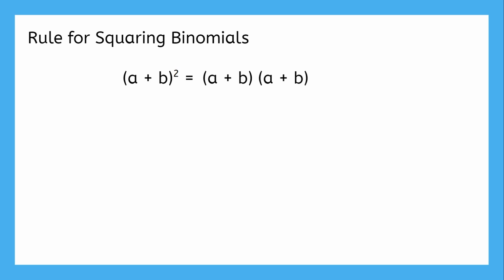When you square a binomial, you square each distinct term, but then you also multiply those terms by each other twice. Let's use that rule now. What is the product of 2x minus 5 times 2x minus 5? Since both binomials are the same, we can use the rule for squaring binomials.